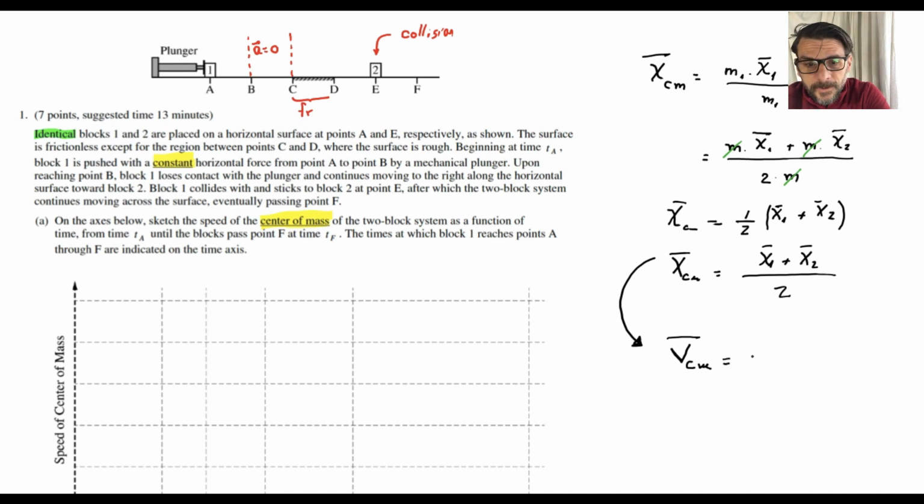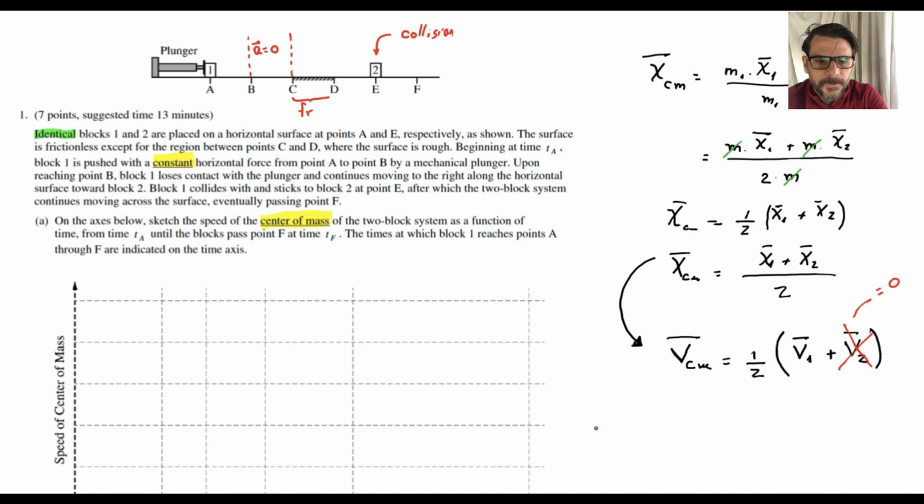The velocity of the center of mass will just be the time derivative of this expression, being 1/2, well, 1/2 is a constant, multiplied by the velocity of the first object plus the velocity of the second object, which in this particular problem, the second object is not moving, at least not until the collision takes place. So this is 0. There is no velocity of the second object, at least until the collision occurs, okay?